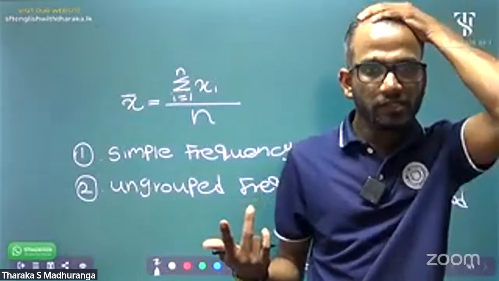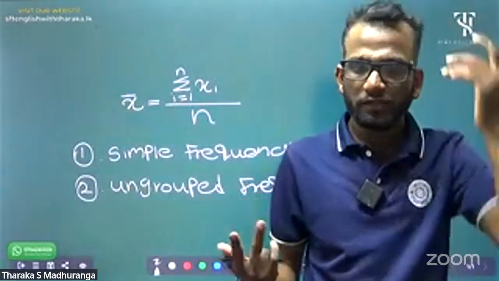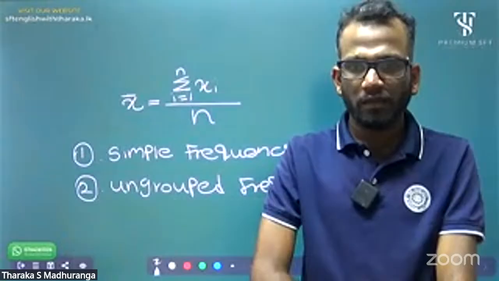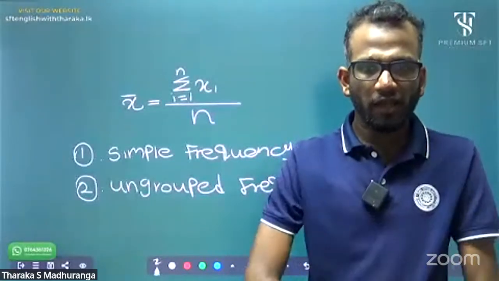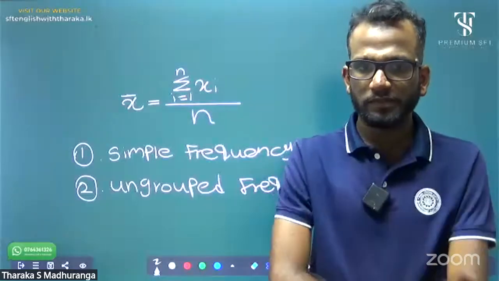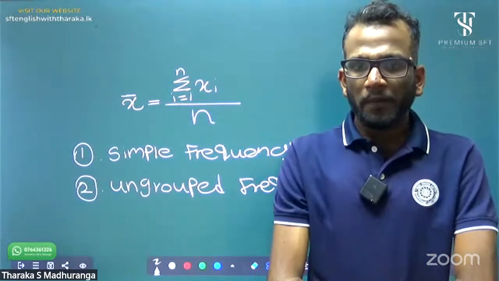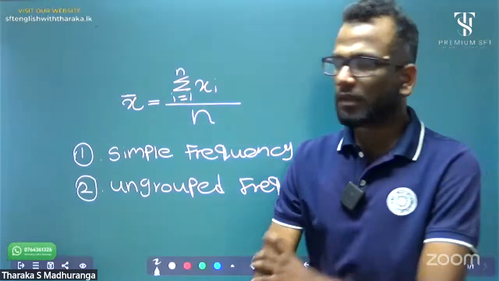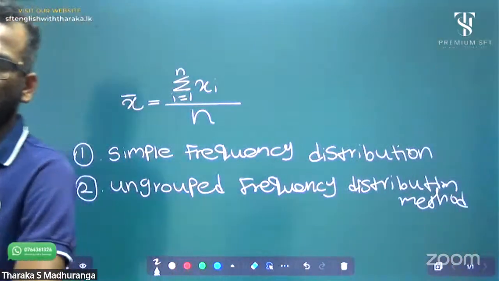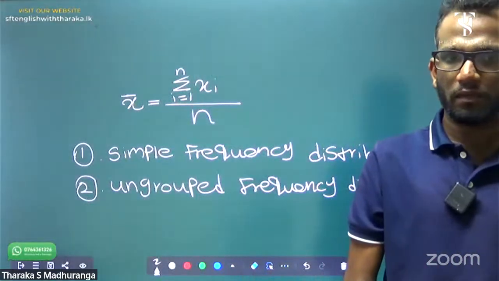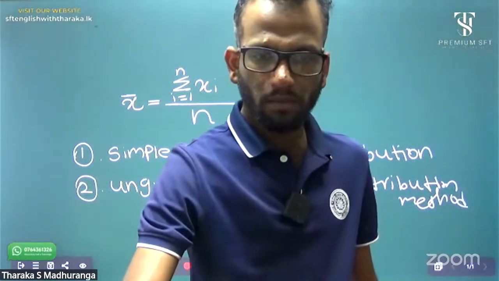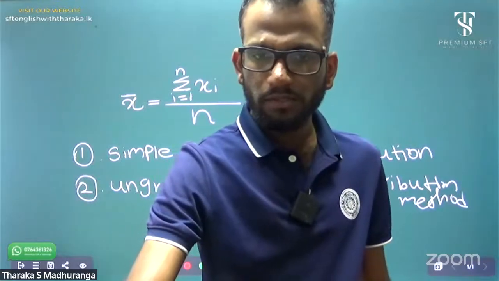Okay. Last week we did two calculations on ungrouped frequency distributions. Am I correct?